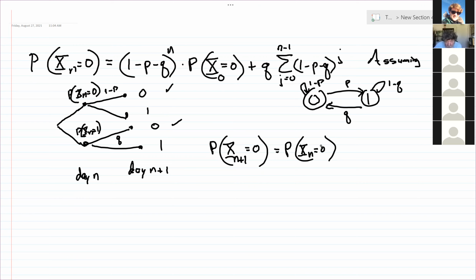So you multiply the probabilities together. So this would be 1 minus P, plus the probability that at time n you're actually working times the probability that you broke in the time from day n to n plus 1.